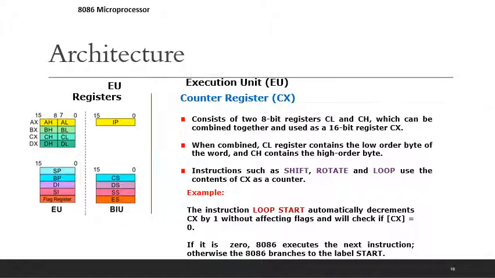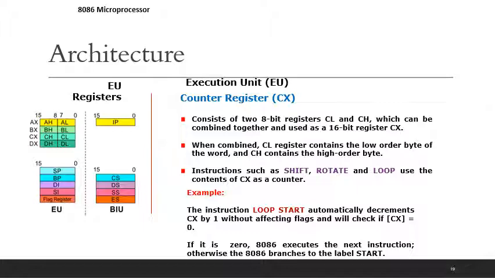Next, about counter register or CX register. It consists of 8-bit registers CL and CH which can be combined together and used as a 16-bit register CX. When combined, CL register contains the lower order byte of the word and CH contains the higher order byte. Instructions such as shift, rotate and loop use the contents of CX as a counter.